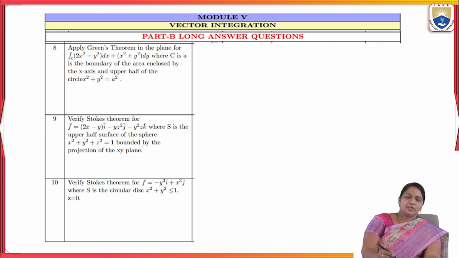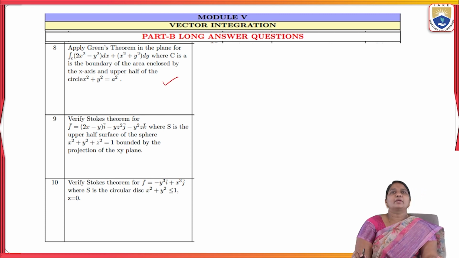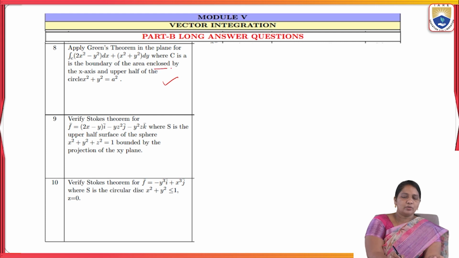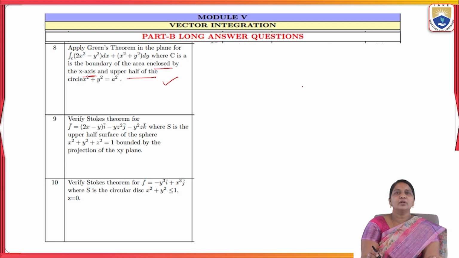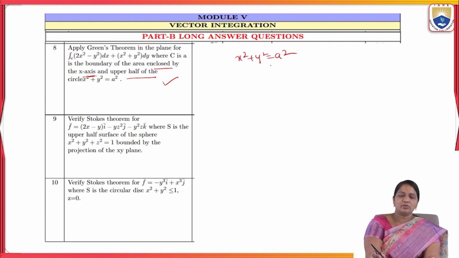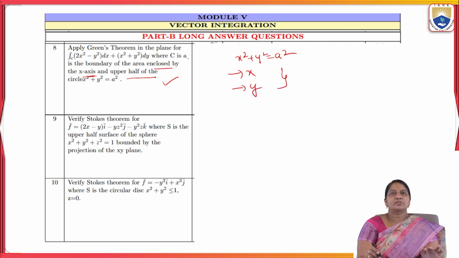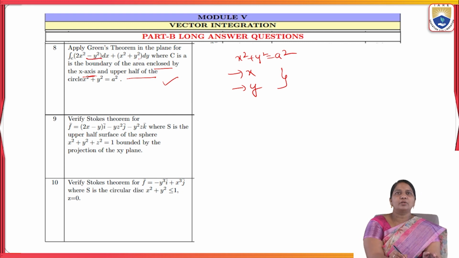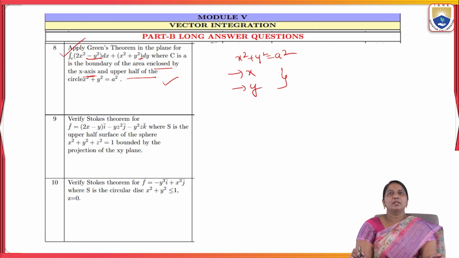The same way we can calculate the eighth problem also: apply Green's theorem and use the limits. They gave the region enclosed by the x-axis and the upper half of the circle. From the circle x square plus y square equal to a square, you can get the x limits and y limits. Based on this you can calculate the integral over c of 2x square minus y square into dx plus x square plus y square into dy by applying Green's theorem.